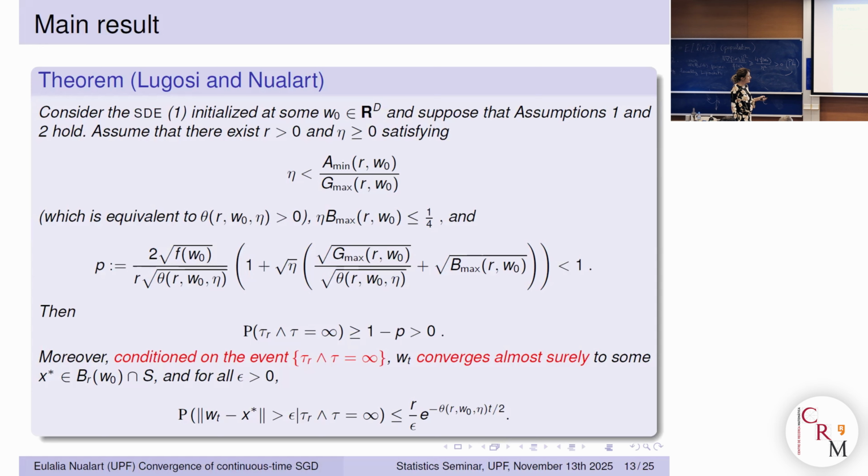This probability depends on R, on how far you start from the real minimum or from one of the global minima, how big or small your ball is, and how big or small your eta is, the variance of the noise. For neural networks, we managed to prove that this probability can be as small as we want.